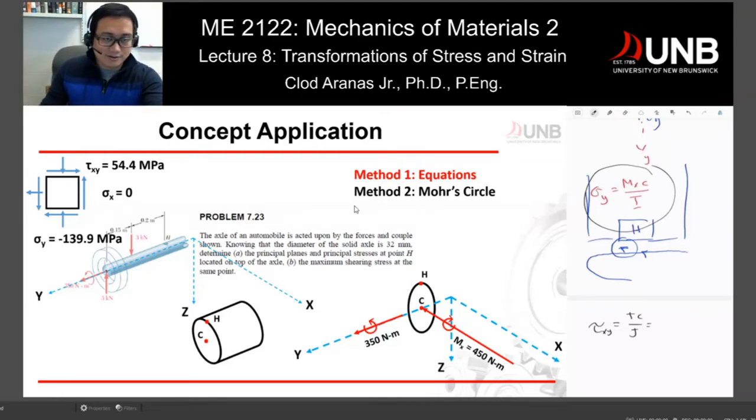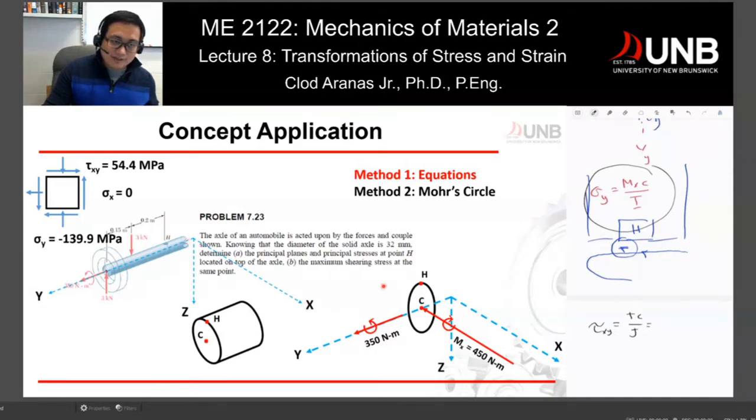Okay, yeah. Sorry for that. I was just wondering, why is it tau xy and not tau xz? Okay, yep. That's a good question. In this particular case, it's not normally clear in the book. We are looking for tau xy along this plane xy right here.